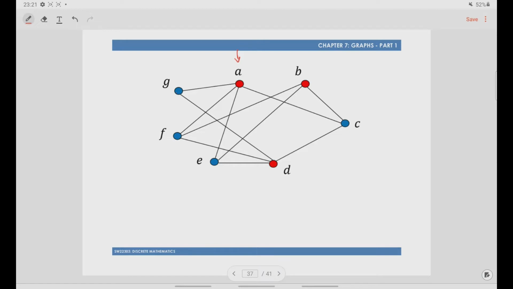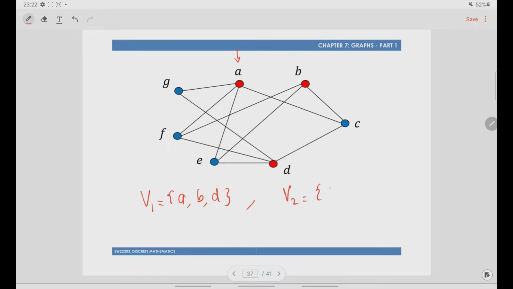So each vertex can be assigned a single color. So that's why all the same colors we put in a single set: A, B, D. And the other color, blue, we put in another set.